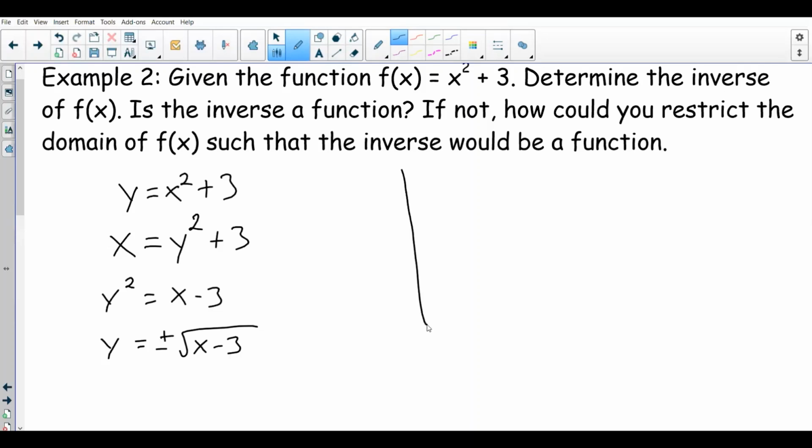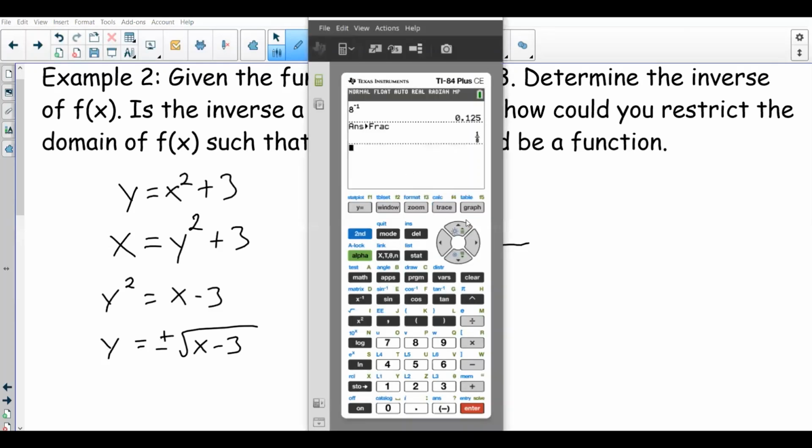Now, if I graph these, we may not know what square root functions look like yet because we haven't really done anything with them. So let's jump to the calculator, or you could go to Desmos if you want to. I'm going to do square root of x minus 3, and then I'll also do negative square root of x minus 3.